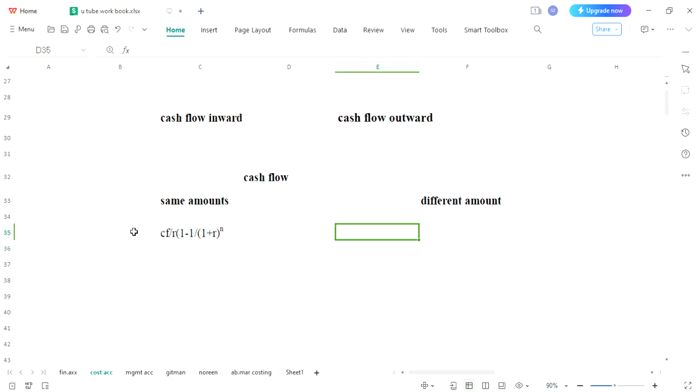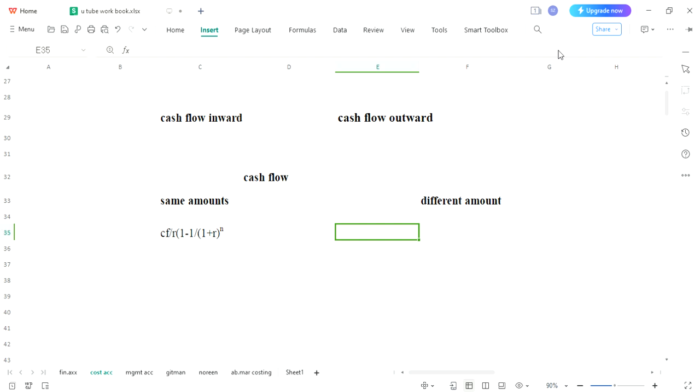In case we have different amounts, where each cash flow has a different value, how will you start? Just give it a first break. It would be difficult at first, but after writing the first one, we will have the opportunity to copy and paste.